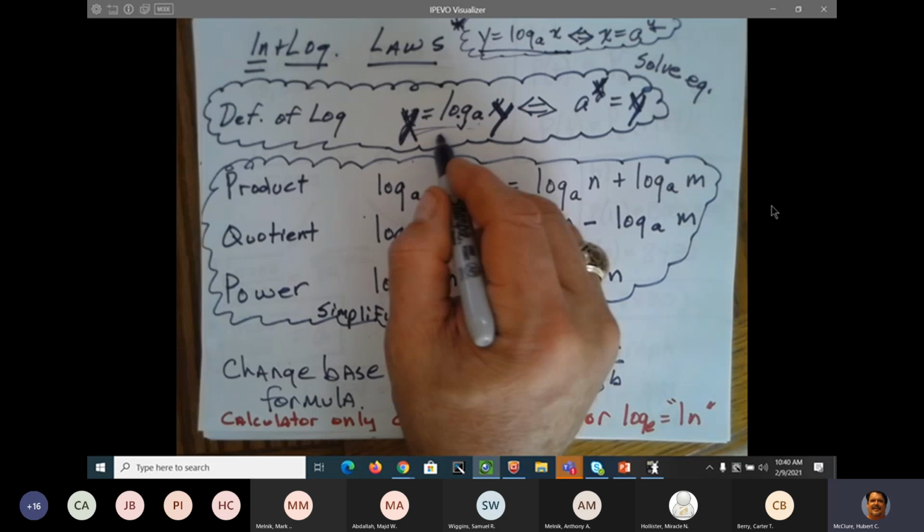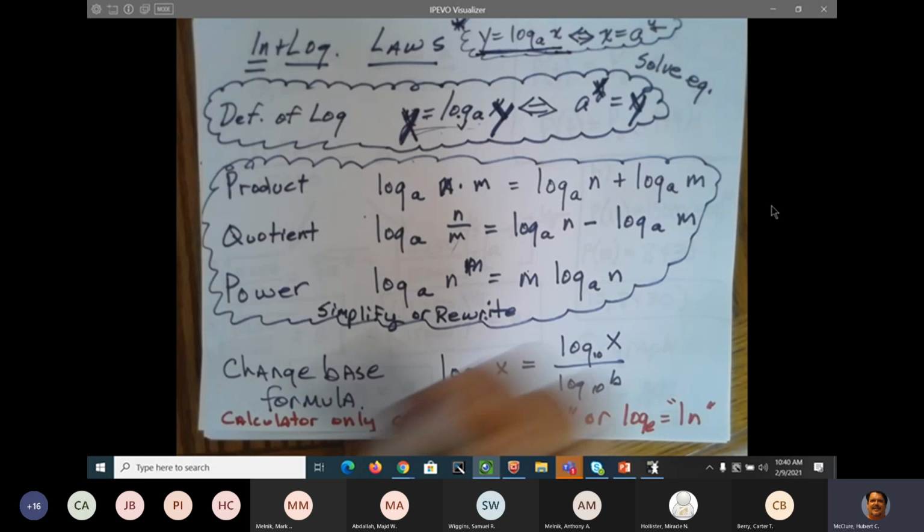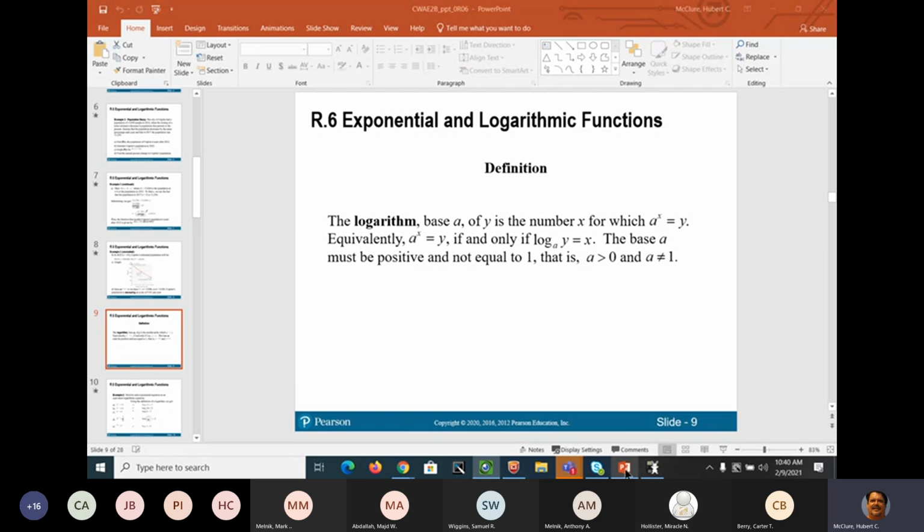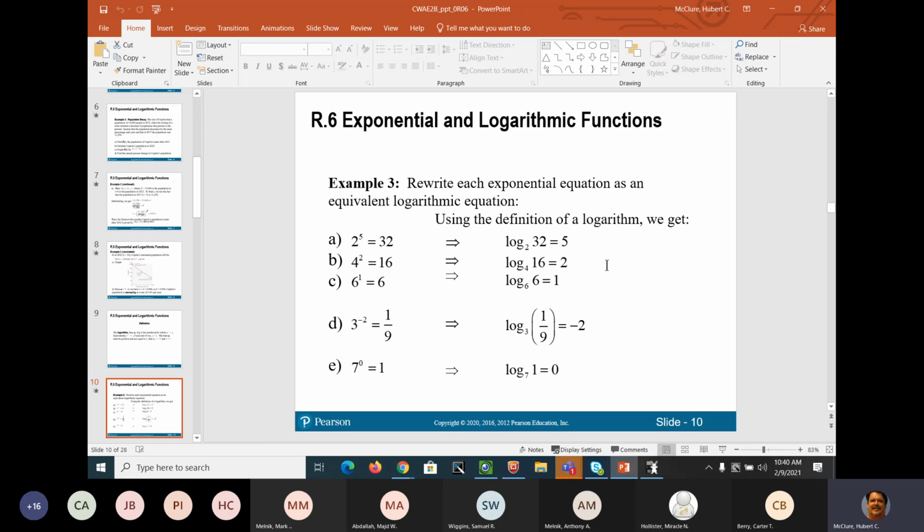This is the way you see it, unless you're talking about the inverse, in which case they wouldn't be talking about that on definition of logarithm. Okay, so anyway, I've covered mostly all this material. We're just going over it legitimately.